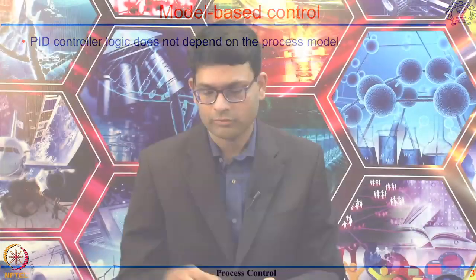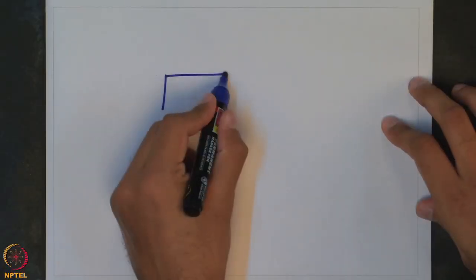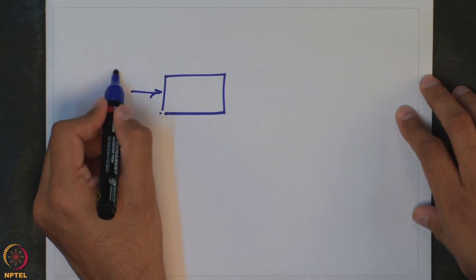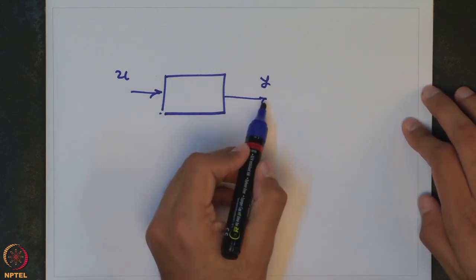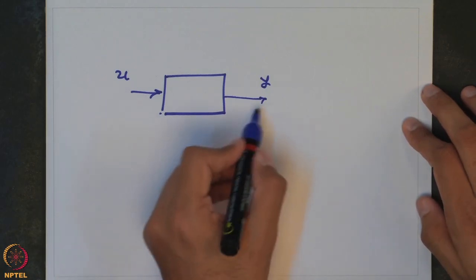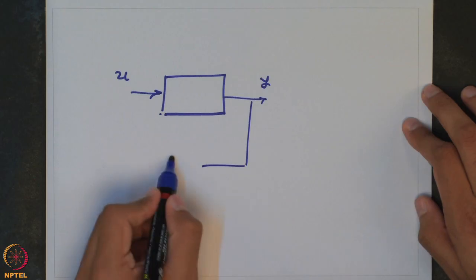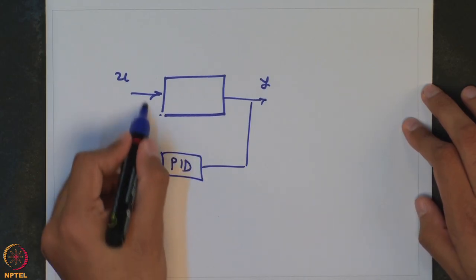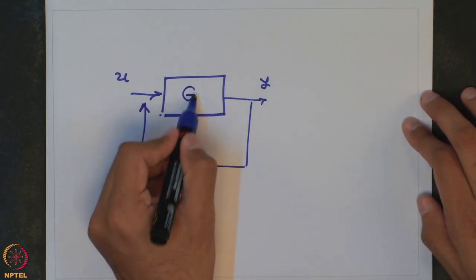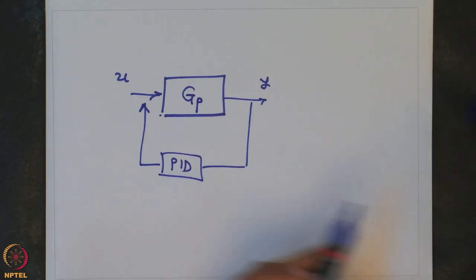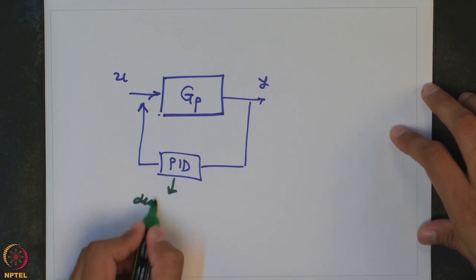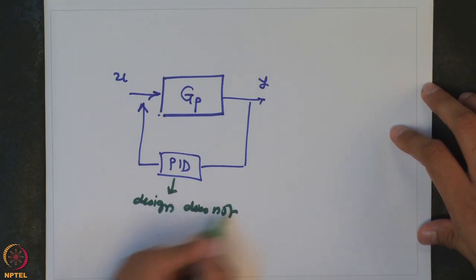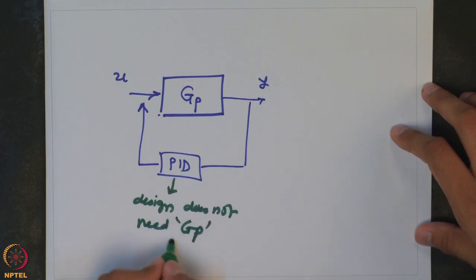So when you have a process where your input is u and your output is y, you want to control your y by using u, and when you use a traditional PID sort of a control, and let us say this is your process model GP, in order to design this PID control, it does not need GP per se.